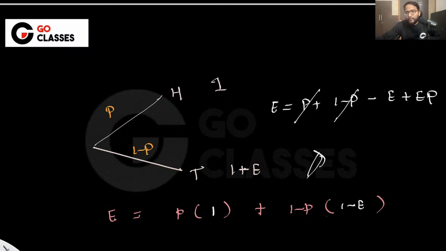This is 1 minus e, 1 minus e, and then 1 minus e into minus p will be... that is fine. Take it to that side.